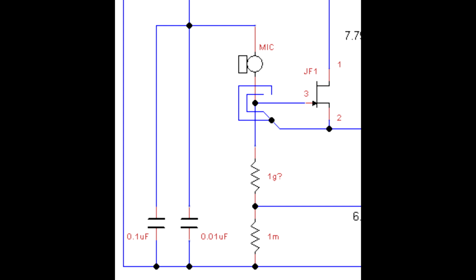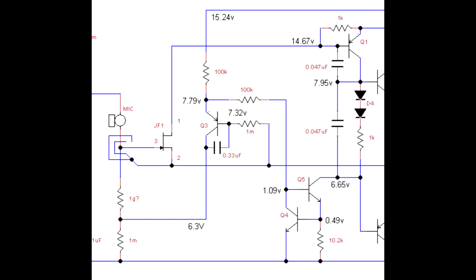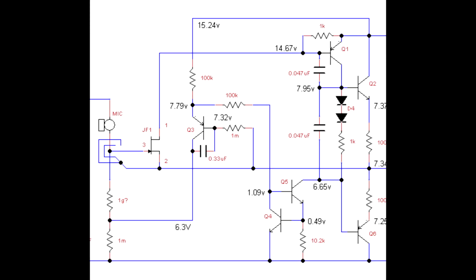So now we have our condenser element connected to the node, and as sound waves modulate the condenser, it modulates the voltage at that node. So now we have a voltage wiggling at the node. That goes into the gate of a JFET transistor. So the gate is wiggling up and down in voltage. Now, JFET transistors aren't like normal bipolar transistors. What JFET transistors do is they take that wiggle in voltage and convert it to a wiggle in current.